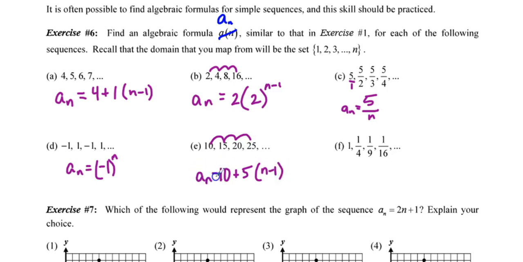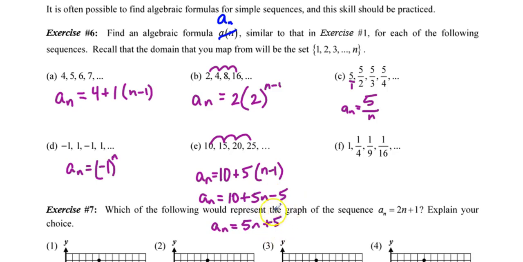And if you're wondering, well, can you distribute this out and write it in like y equals mx plus b form? Sure you could. You could write it out as 10 plus 5n minus 5, distributing, and then collect the like terms. So I could essentially write it as a sub n equals 5n, and then add those and get a 5.